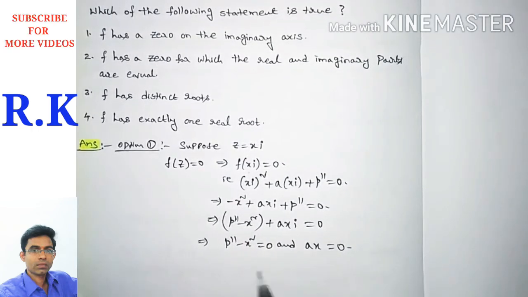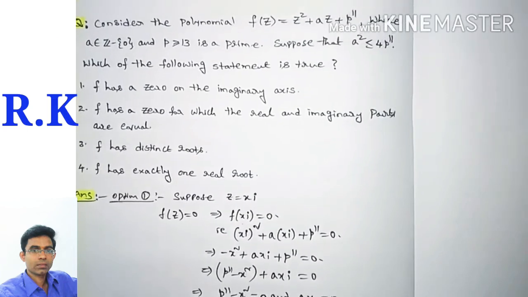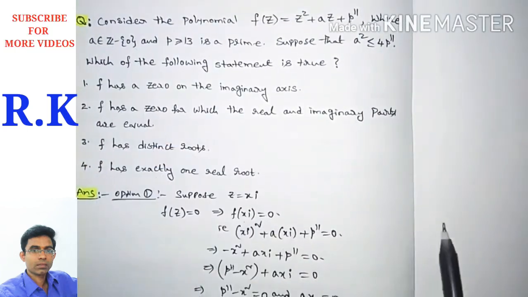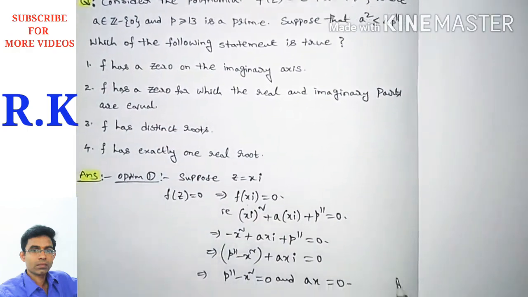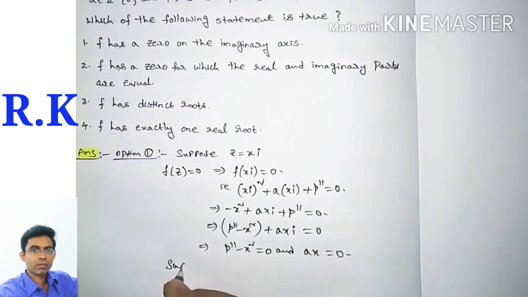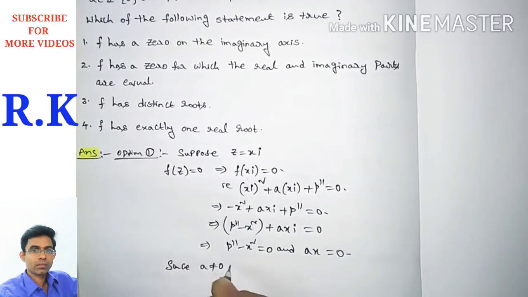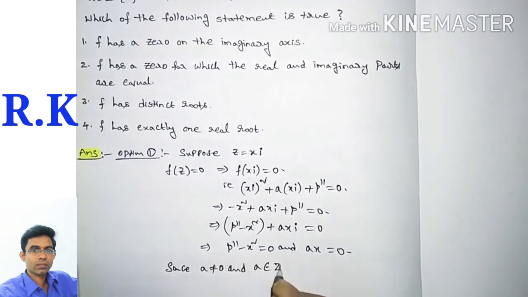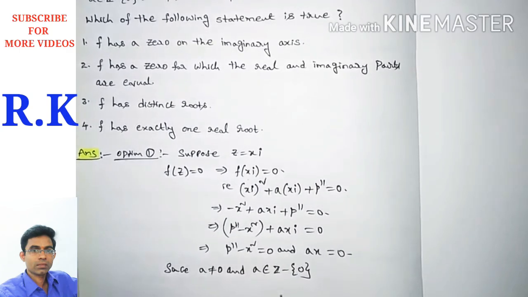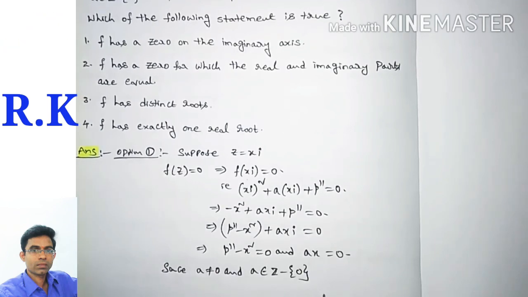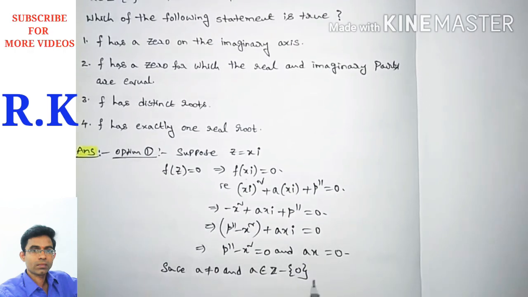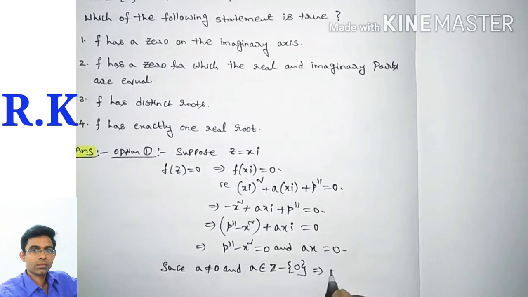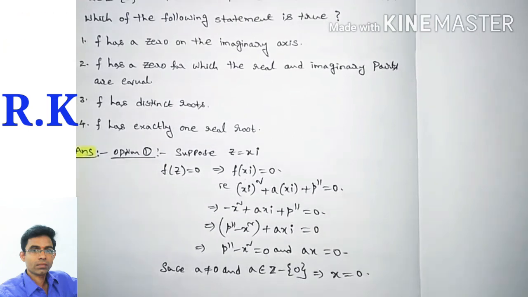Given that a belongs to Z minus singleton 0, that means clearly a is not equal to 0. Since a is not equal to 0 and a is an integer value, from this we get clearly that x is equal to 0.